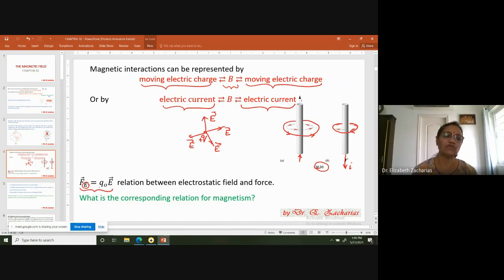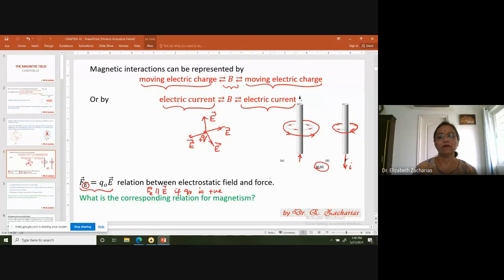So the electrostatic force is equal to the charge placed in the electric field into the field. Quite obviously, you can see that the electrostatic force will be parallel to the electric field if Q0 is positive, or it will be anti-parallel if Q0 is negative.